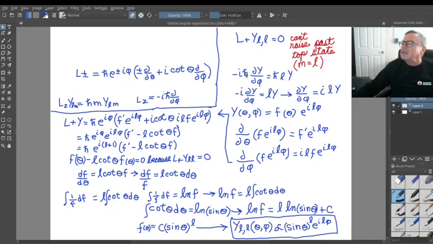If we say that this first derivative of that equals i h bar L Y, then that suggests an exponential. So that suggests the following: partial of Y with respect to phi equals i L times the Y function. Now the h bar fell out because I can factor that out of both sides of this thing.